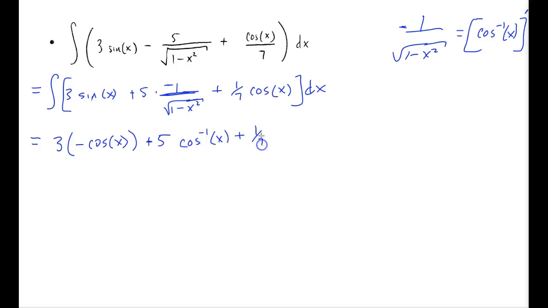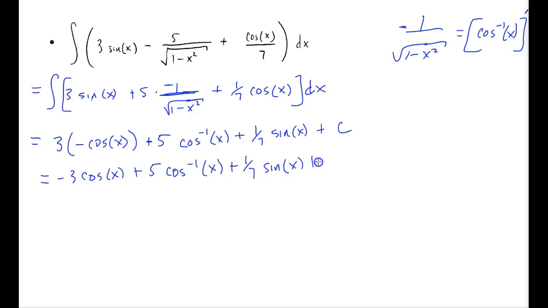And then, of course, 1/7 constant, ignore that. Antiderivative of cosine is sine. Of course, once all that's done, we just append the plus c on the end, and that's pretty much it. So we just try to rewrite to make it look nice. And this is what it would look like.